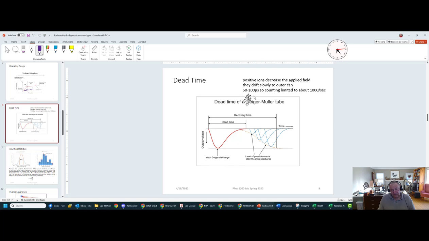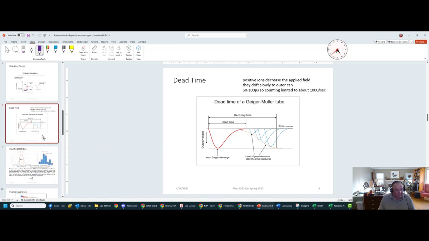And so then the avalanche won't happen anymore. They need time to drift to the outer can, something on the order of 50 to 100 microseconds, which is a pretty small amount of time. But still, if there's about 1,000 counts per second, the efficiency starts going down.